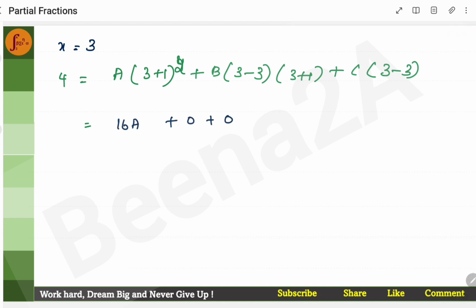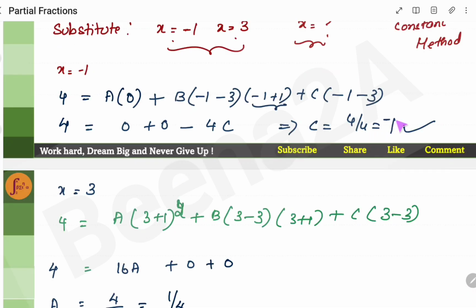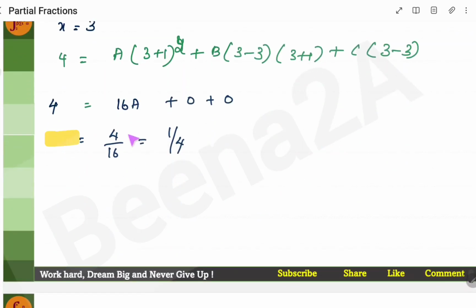All the rest will become 0. Which means a is equal to 4 by 16, which is 1 by 4. One correction, this is minus 1 here. c is equal to minus 1. And a is equal to 1 by 4.